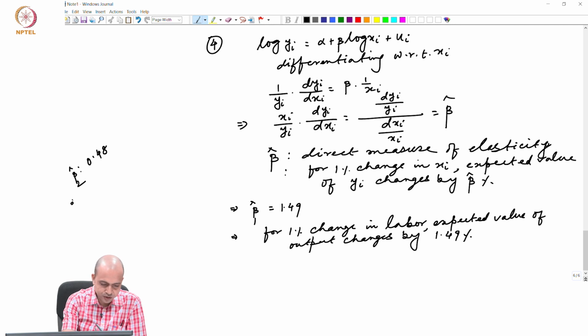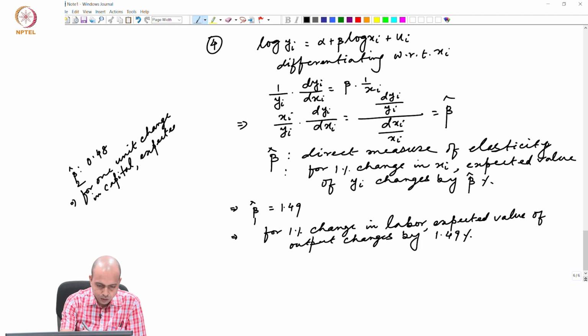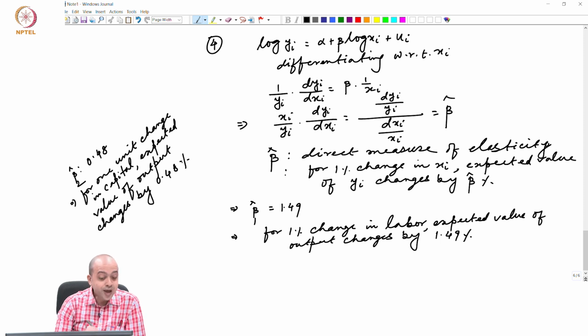That means this implies for 1 unit change in capital, expected value of output changes by 0.48 percentage and not 48%.